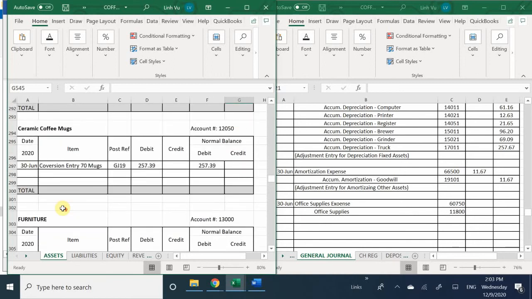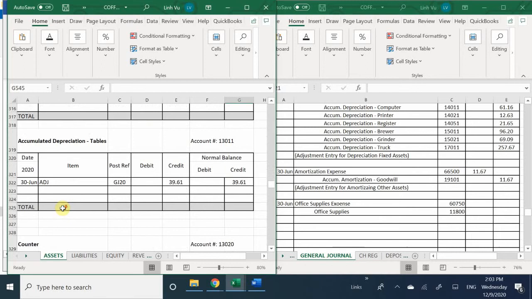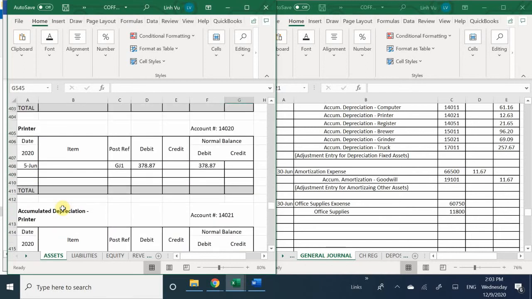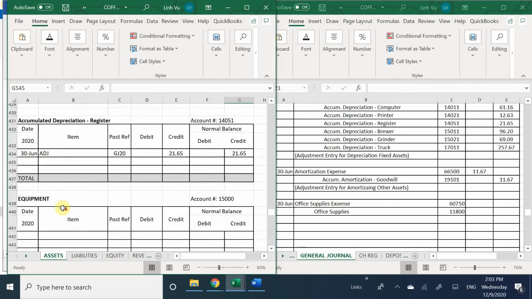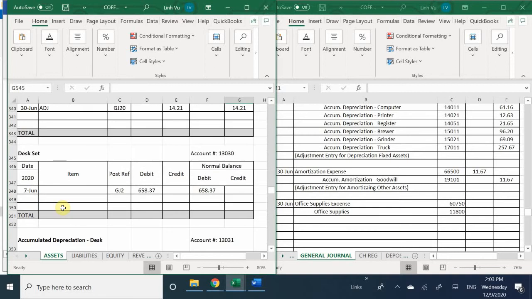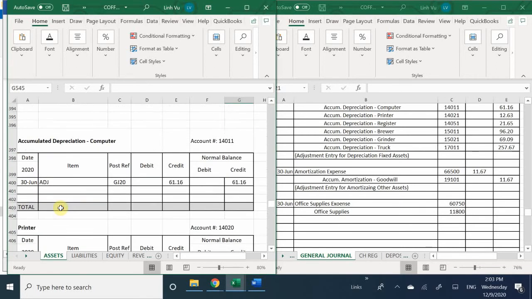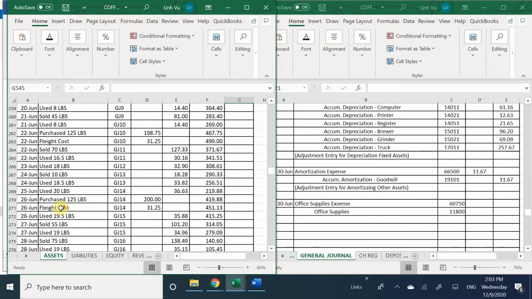Are we talking the creamer, the sugar, the business coffee supplies? That's under business. No, it's equipment, not inventory.